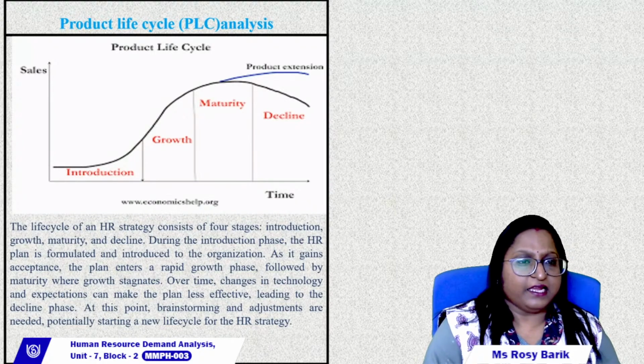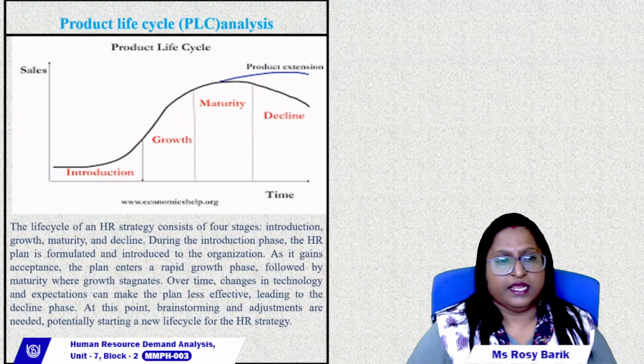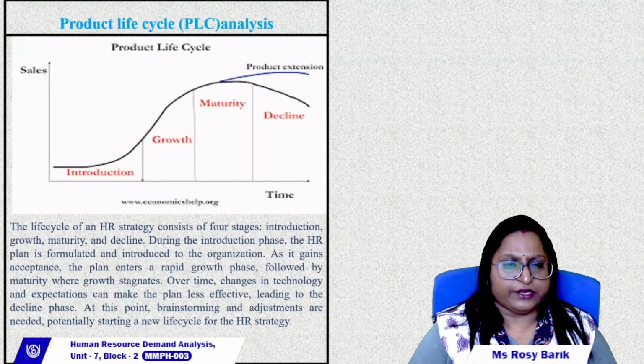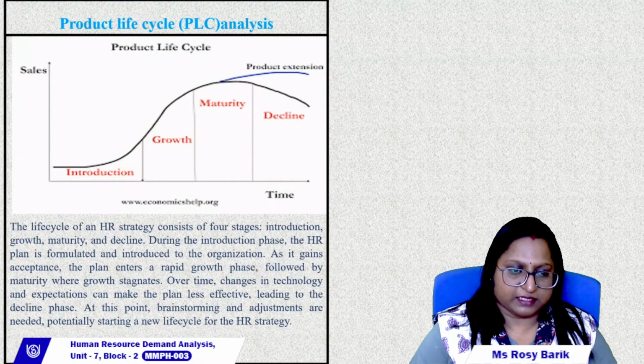The life cycle of an HR strategy consists of four stages: introduction, growth, maturity and decline. During the introduction phase, the HR plan is formulated and introduced to the organization. As it gains acceptance, the plan enters a rapid growth phase, followed by maturity where growth stagnates.